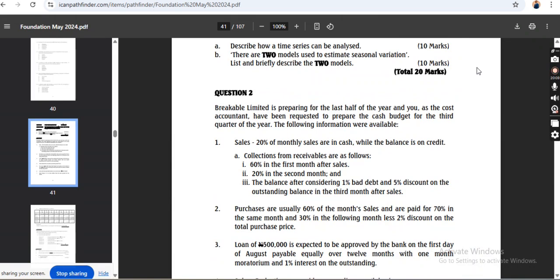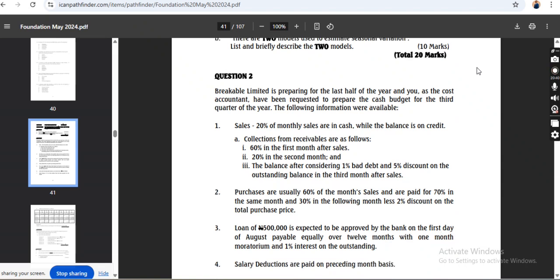Now, what happened to sales? 20% of monthly sales are in cash.